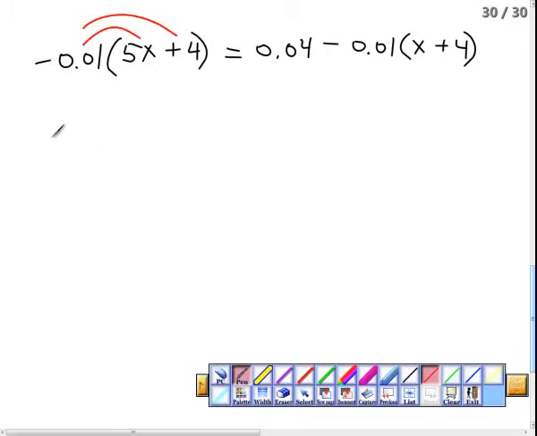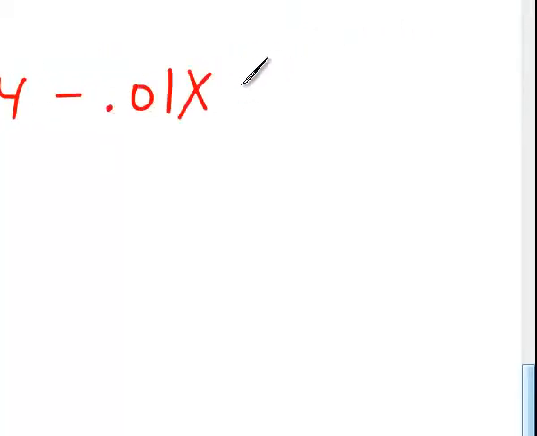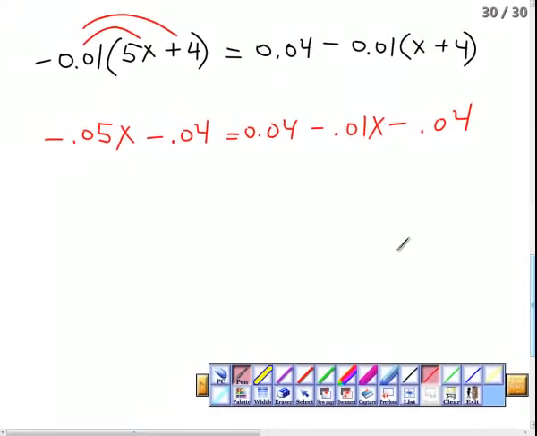All right, so this is going to be negative 0.05x minus 0.04 equals 0.04 minus 0.01x minus 0.04. Okay.